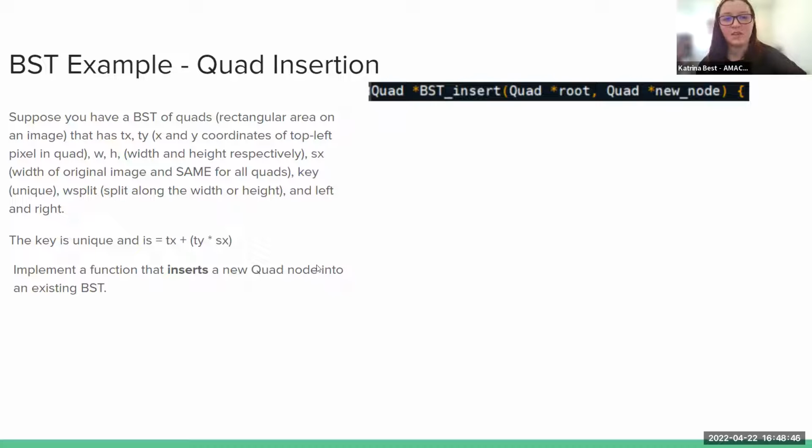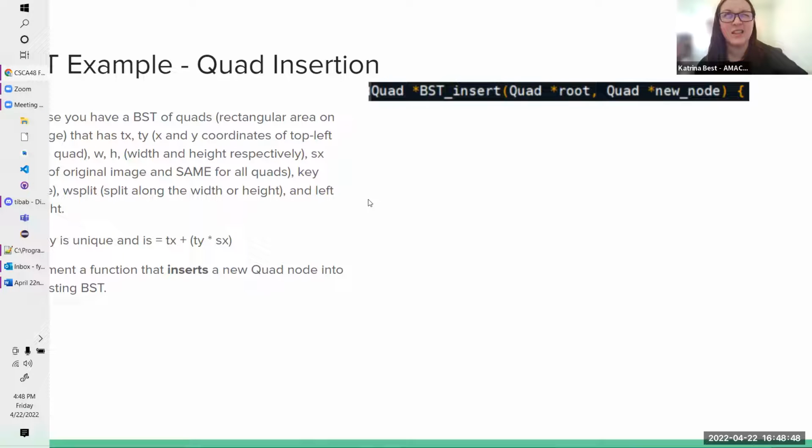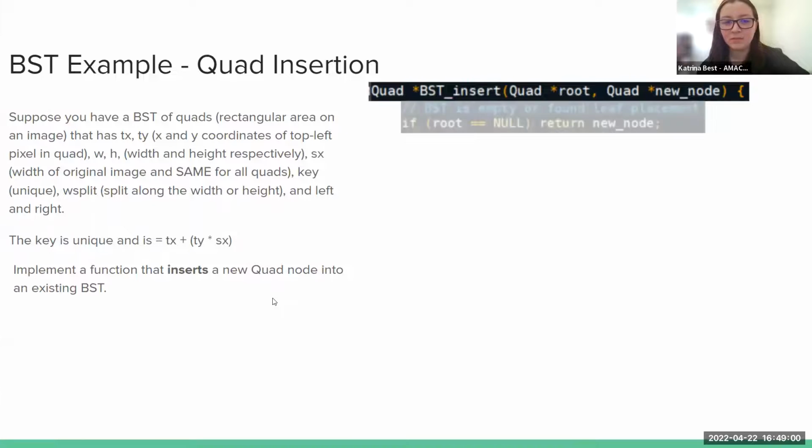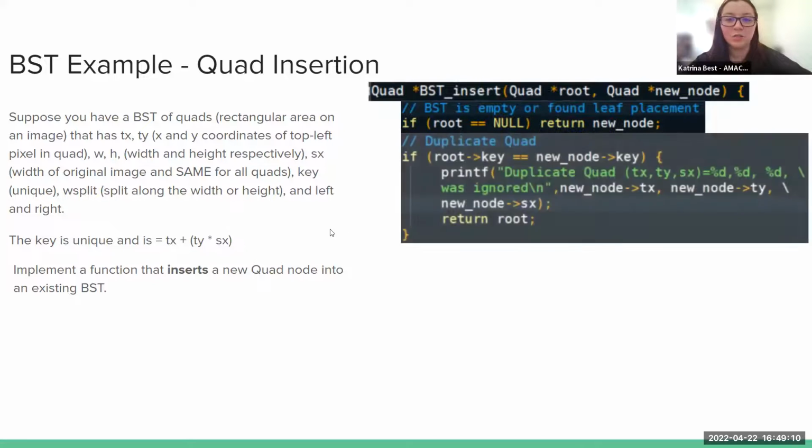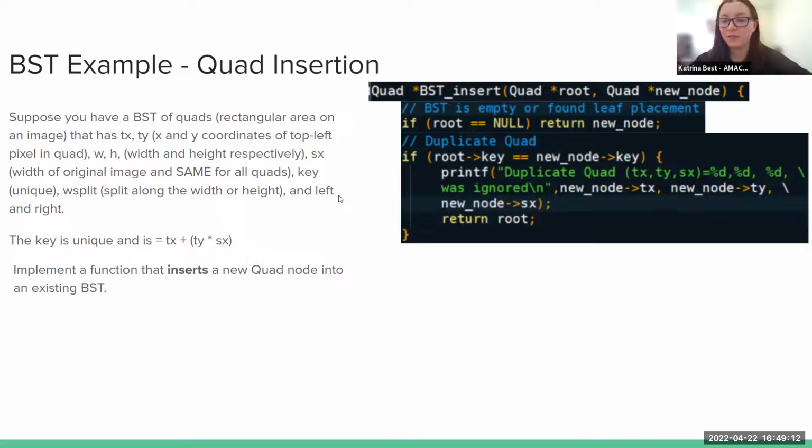So that's the position of the top leftmost pixel in the quadrant, which is why it should be unique. Just going through this. If it's empty, remember, if it's equal to null, just return the new node. If we found a duplicate, we want to return it again.